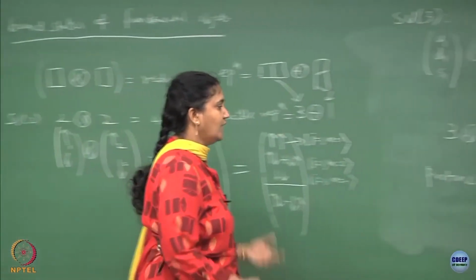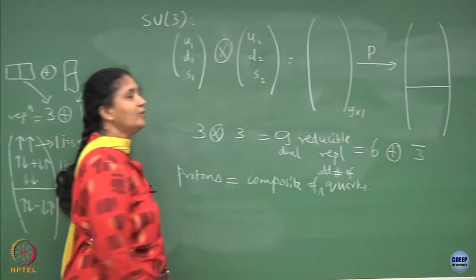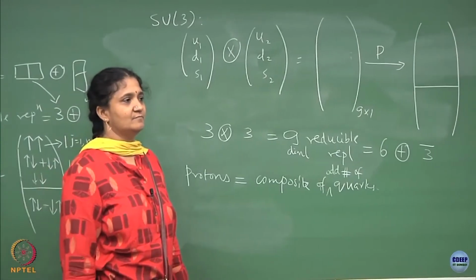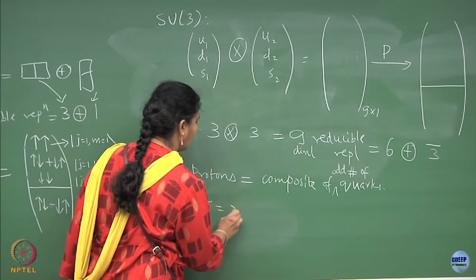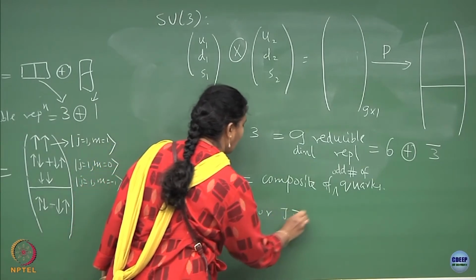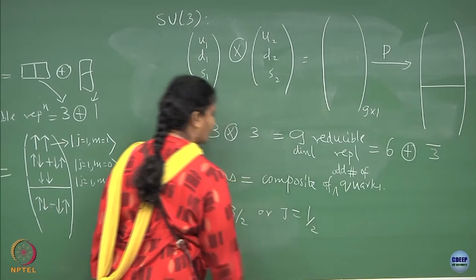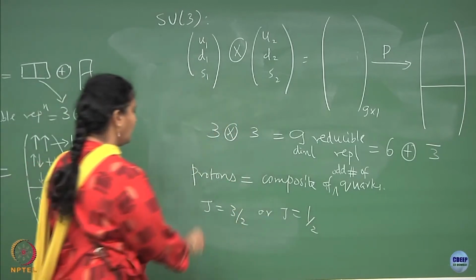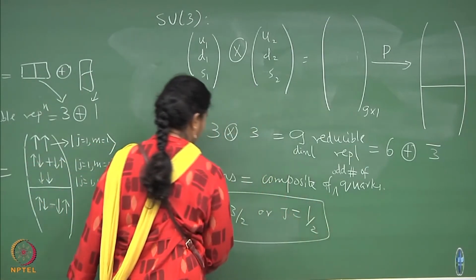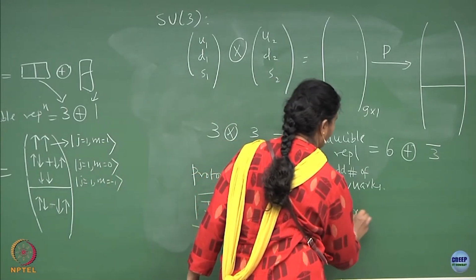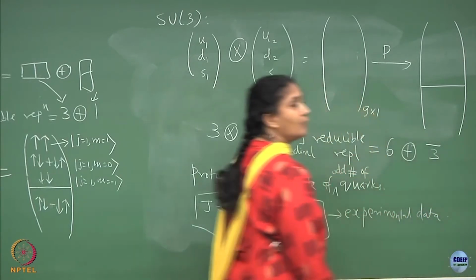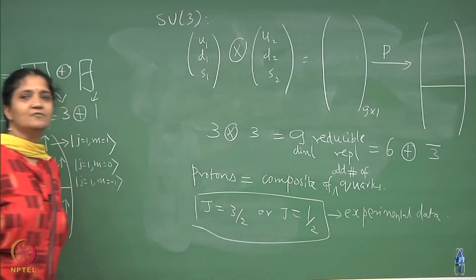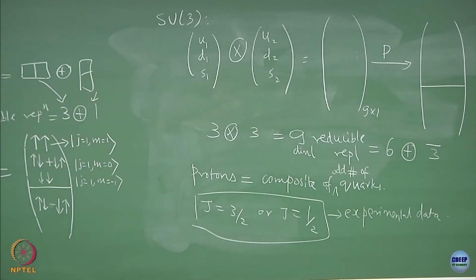And then they look at experiments and see what other particles are seen, and they find particles with j equal to 3 by 2 or j equal to half. So, these are experimental information. You can call it a particle zoo, like the periodic table in chemistry.